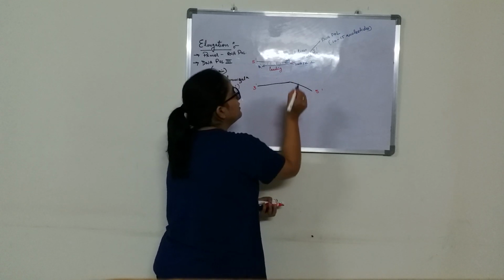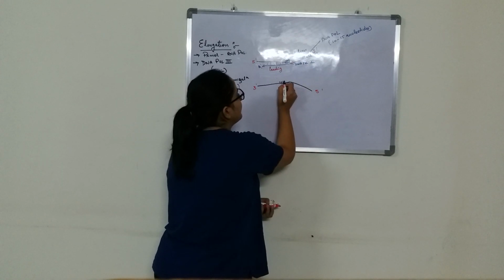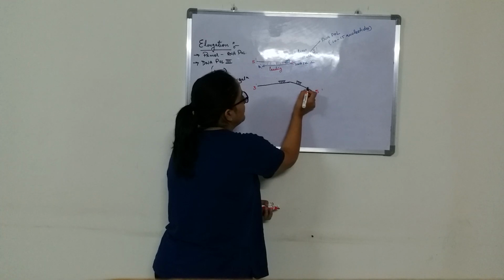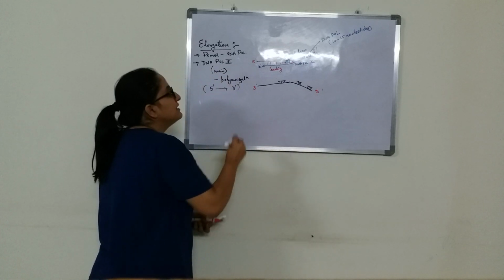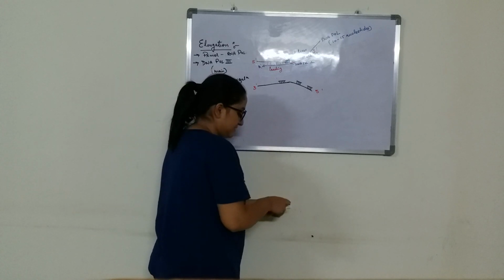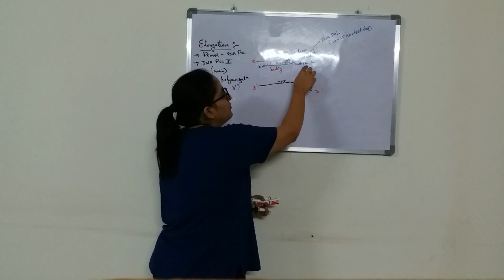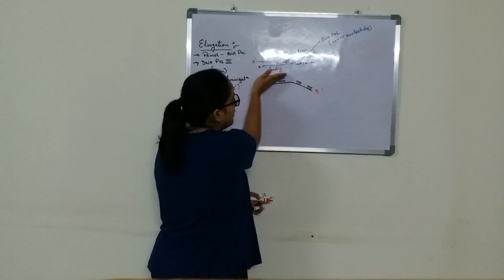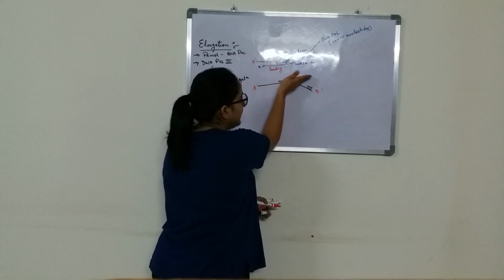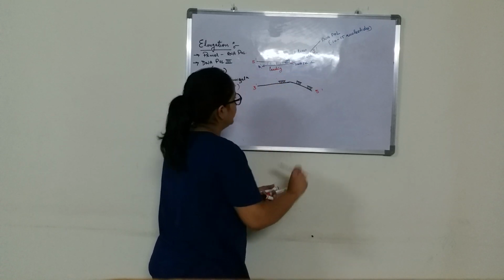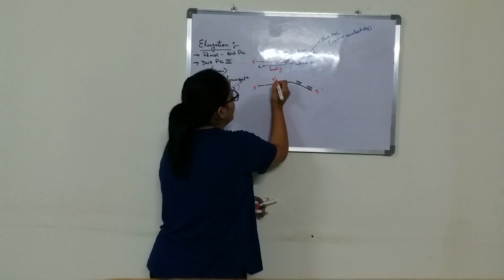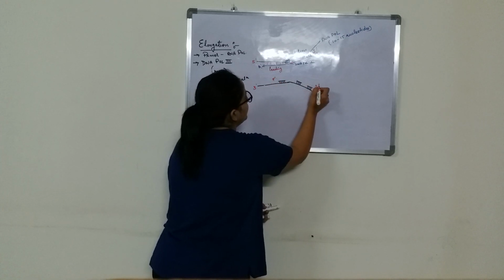But it will make them in fragments. Right, now what happens here? Again, simultaneously, this DNA polymerase 3 will come and act in this direction, that is 5 prime to 3 prime.